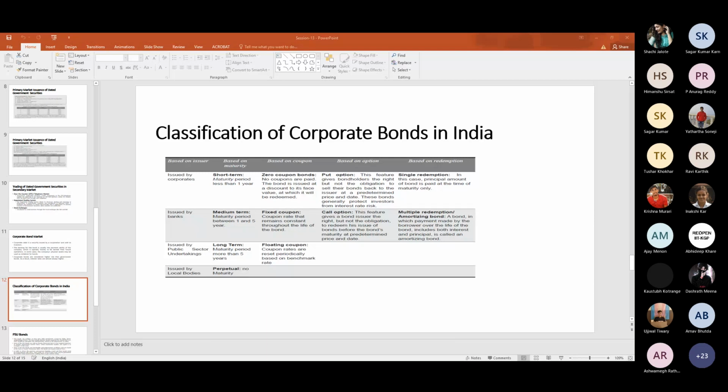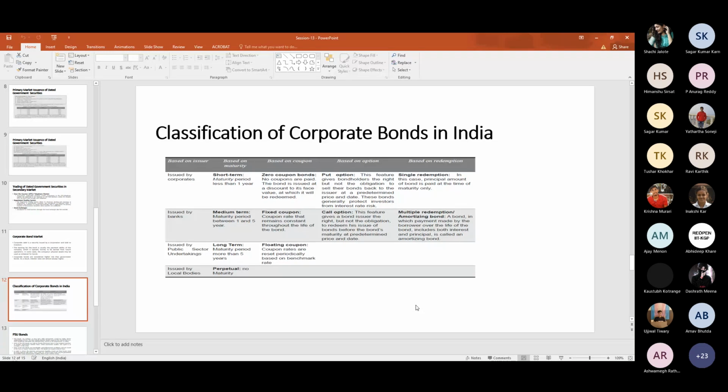So that's why, based on the put feature and call feature, we can classify the bonds in the market. There are some bonds with a single redemption, where the principal amount is paid at maturity. Let the par value of the bond be 1,000.